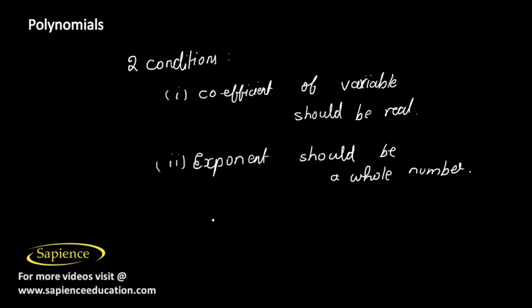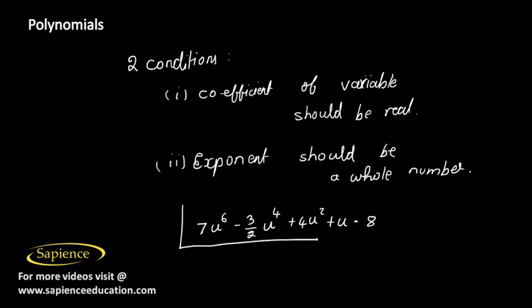Now let us see some examples. This is the polynomial that I have chosen for example. So is this a polynomial or not? This is a polynomial if it satisfies these two conditions. Coefficient of variable should be real numbers.